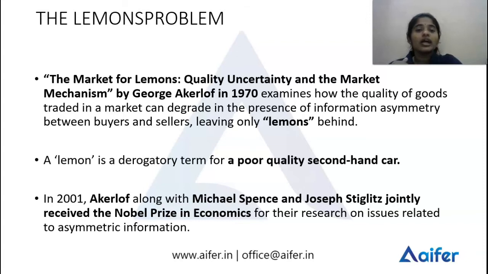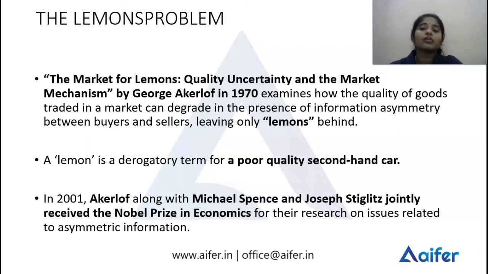So they will eventually leave the market, because there is no demand for their products. What happens? The market will only have low quality used cars or lemons, because that is profitable for the sellers.